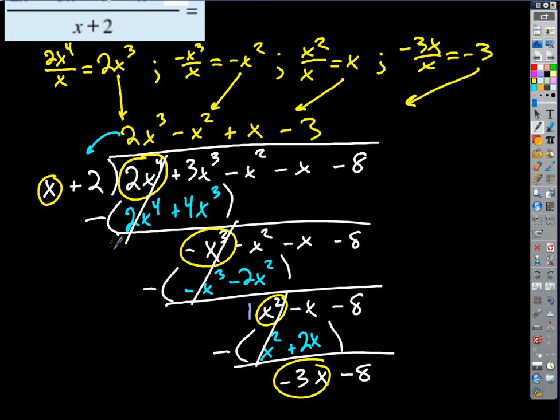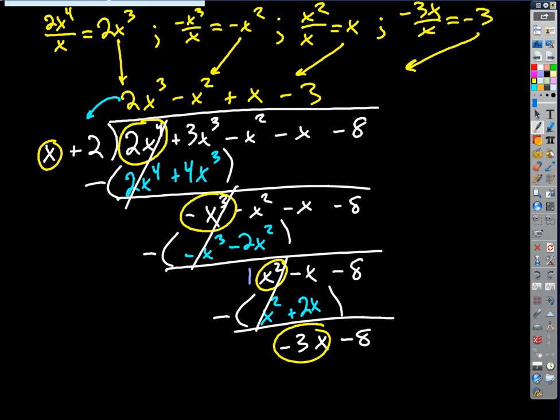So now we're on the last cycle here. We're going to take our -3 times x plus 2, right? So what's that going to give us? -3 times x is -3x. -3 times 2 is -6.